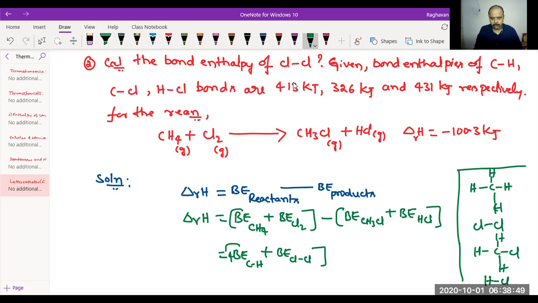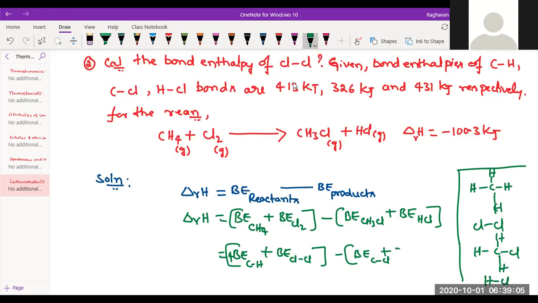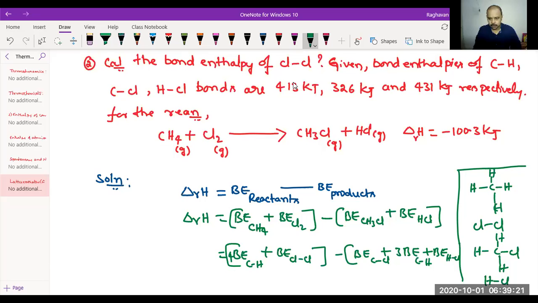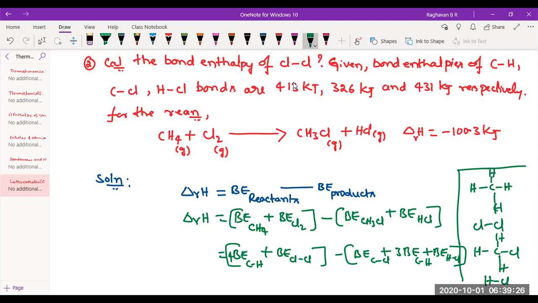Minus bond enthalpy of 1 C-Cl plus 3 times bond enthalpy of C-H bond, because in CH3Cl, there are 3 C-H bonds and 1 C-Cl bond, right? So in that way, plus bond enthalpy of H-Cl. So this is the formula. Now you just substitute and simplify. That's all. You will get it.